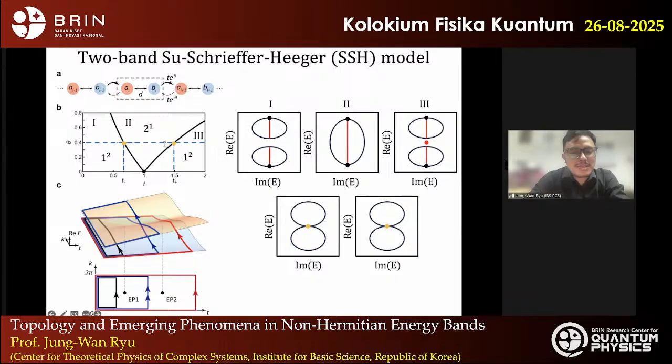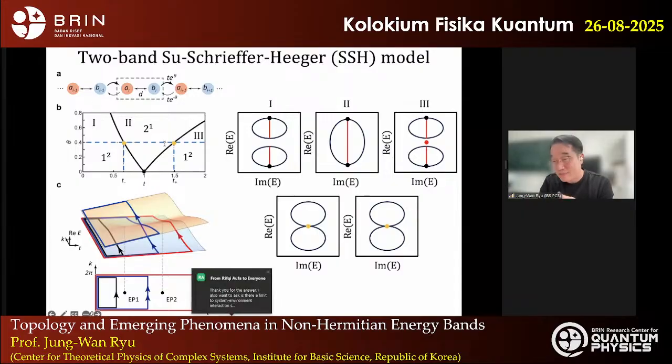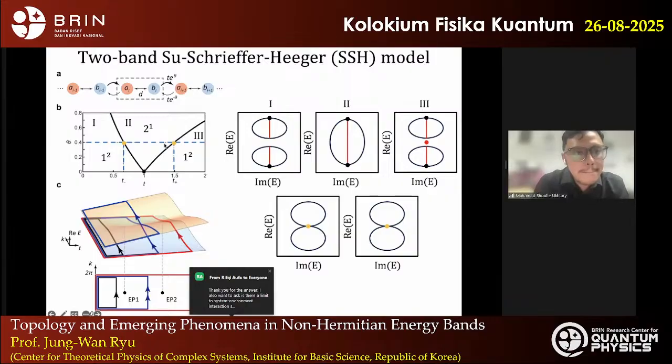If we have only the frequency or energy, the real part, and we find a square root branch structure in the real parts, then we can expect there is an exceptional point. We can follow the branch cut line, and there is an exceptional point. Another way is to give a symmetry to the system, and using the symmetry we can artificially make the system have an exceptional point.